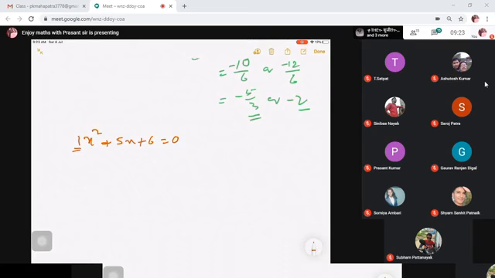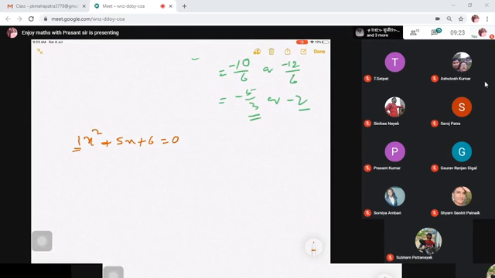That means 2x plus 5 whole square minus 1 equal to 0. So 2x plus 5 whole square equal to 1. So 2x plus 5 equal to plus or minus square root of 1, that is plus or minus 1.